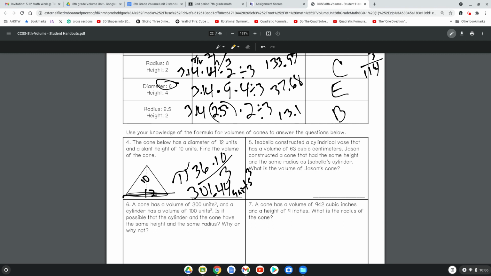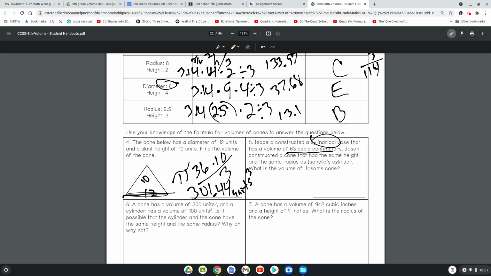Okay. Number 5. Isabella constructed a cylindrical vase that has a volume of 63. Jason constructed a cone that had the same height and the same radius as her cylinder. What is the volume of his cone? So we might have to do a few things here.